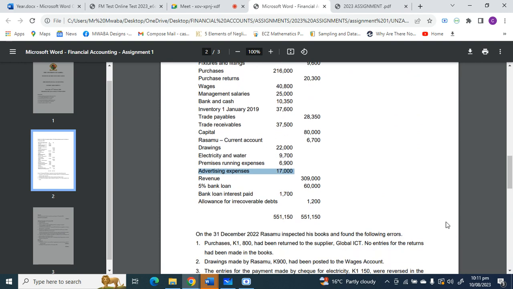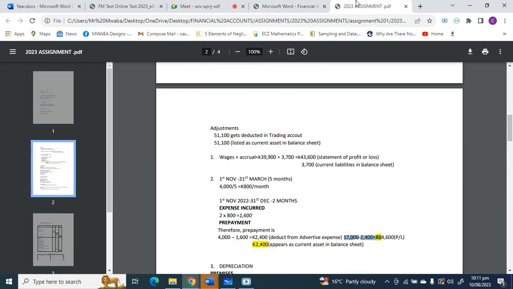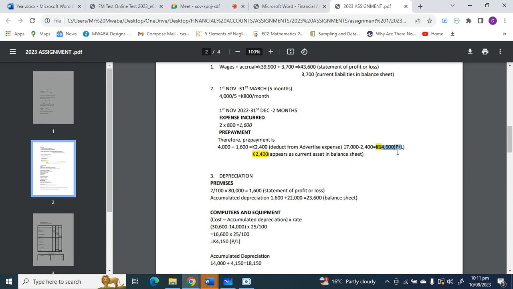So we must deduct the prepayment from this amount to show the expense we have incurred. So 17,000 minus 2,400, that's 14,600. So this is the amount for the advertising expense, 14,600. Any questions before we move further?